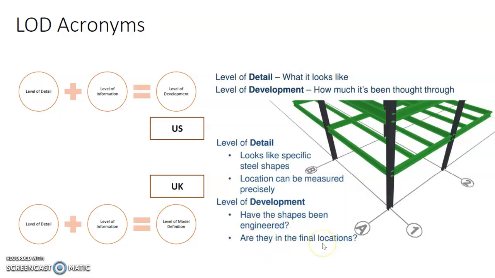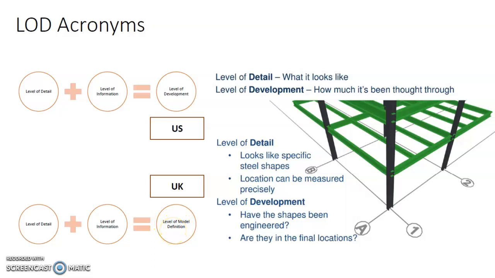So just now we were saying that there are two different standards, the US standard and the UK standard. If you are talking about the US standard, basically they take the level of detail plus the level of information to come up with the concept of the level of development. Whereas for the UK, they also take the level of detail plus the level of information, and then they use this concept called the level of model definition.